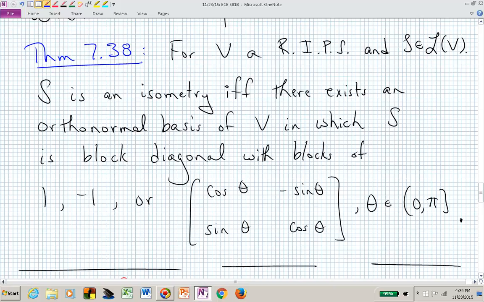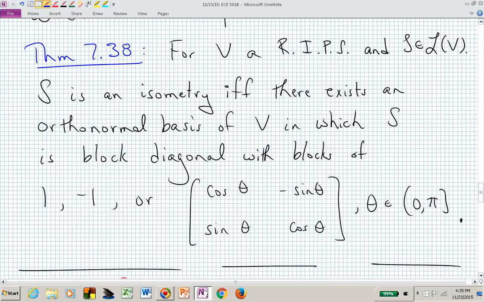Now you know one of those, with a 3x3, you could have it purely diagonal. If it is, then the norm of those eigenvalues are 1 or minus 1. Or you could have one being a 1x1 block and another one being a 2x2 block.